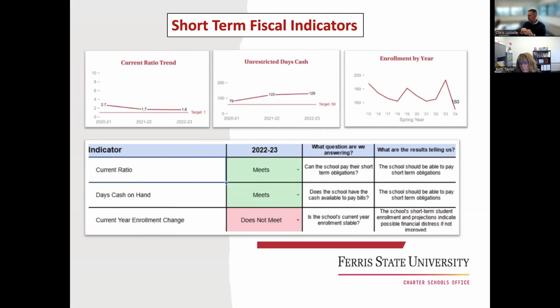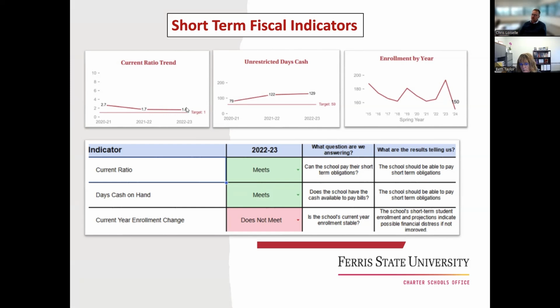Now that's pretty much the base level that you want to be at, because that indicates that you have enough assets to pay down your current liabilities. If you fall below one, that means now you have more current liabilities than you do current assets. And that's an indication of financial stress or distress.